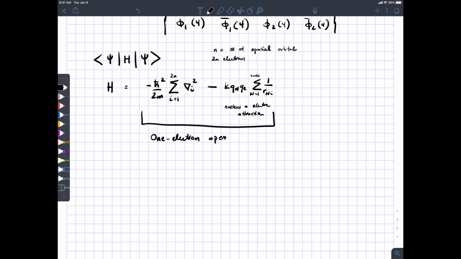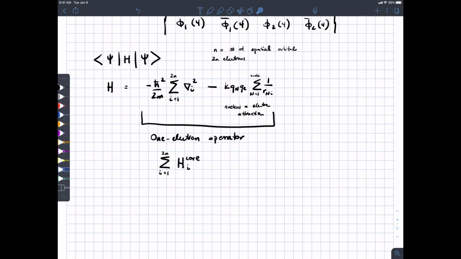And we're going to call this the core integral, or the core operator. So H with the core on it. And we're going to put an I here to represent each electron from 1 to electron 2n. And this operator represents this function applied to just electron I.